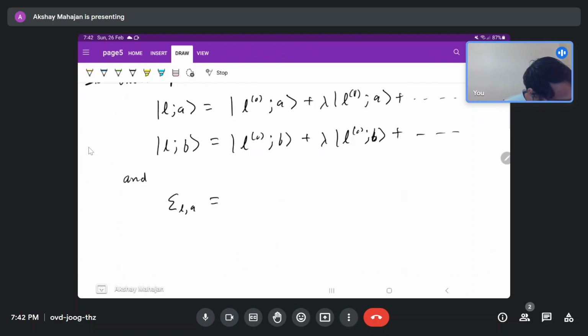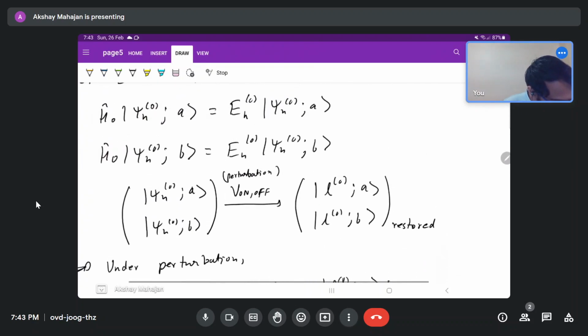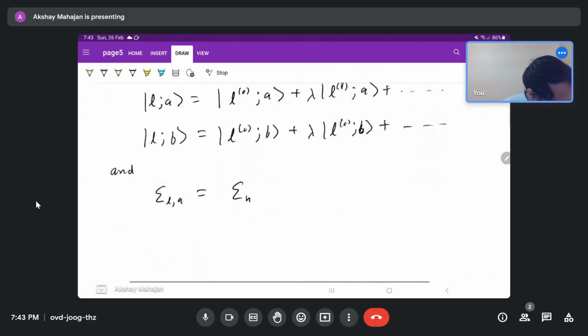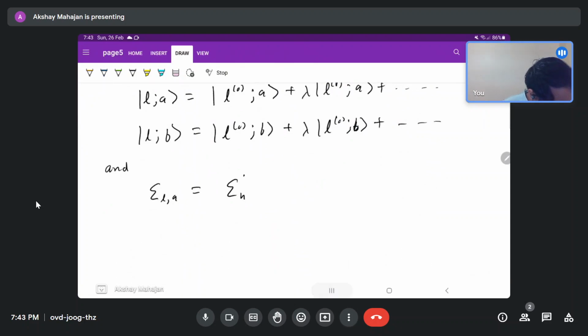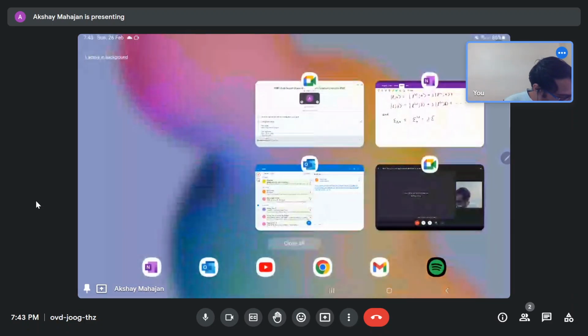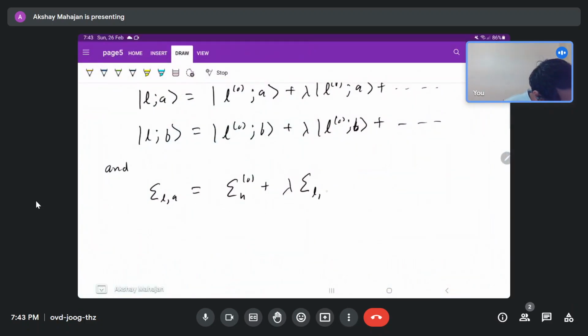And energy E_{L,A}, now what will that be? That will be equal to energy E_n, whatever our E_n value is. Let me write this E_n in this form: E_n of the 0th order plus lambda times E_{L,A} of the first order plus lambda squared times E_{L,A} of the second order, and so on.